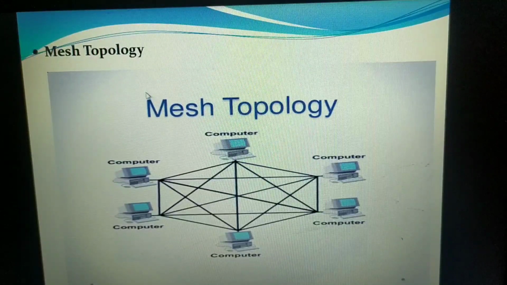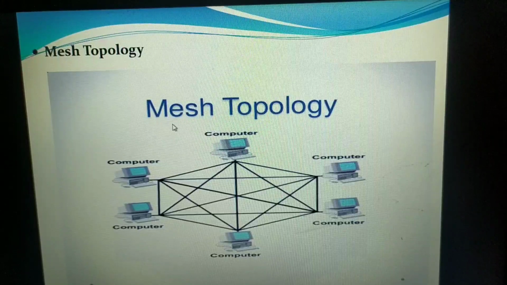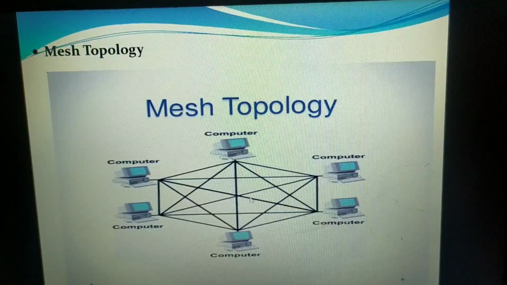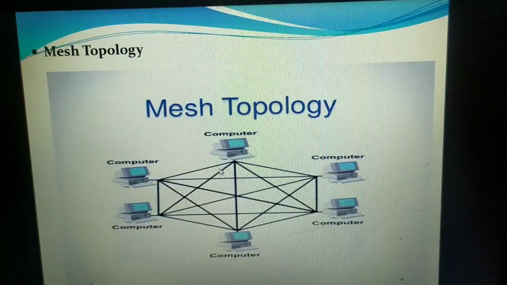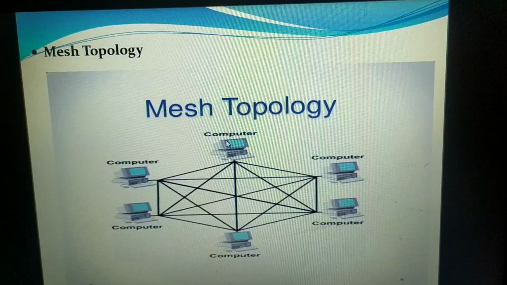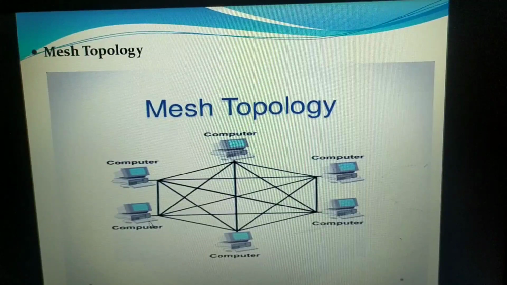See, this mesh topology is extensively used in long distance communication. Why? Because as your data moves from this node, either using the direct link or the alternative path, the distance will not be short here, it will be very long. Now think of this as the source and this as the destination.